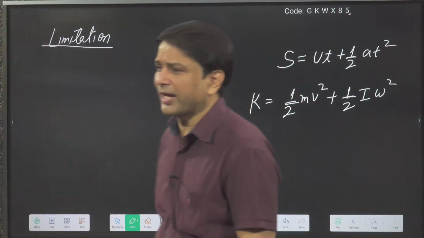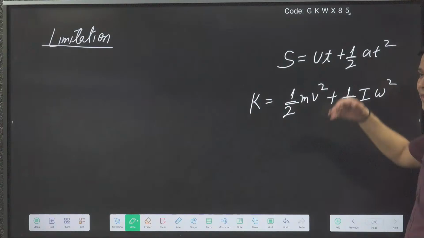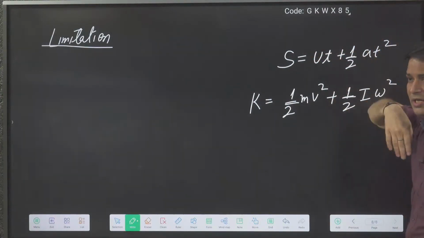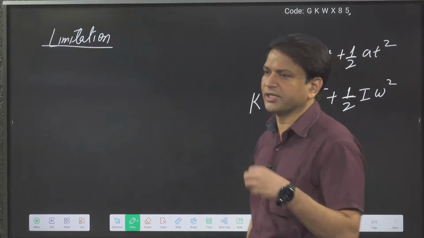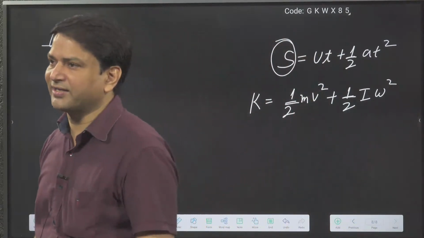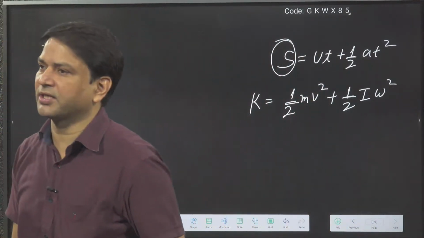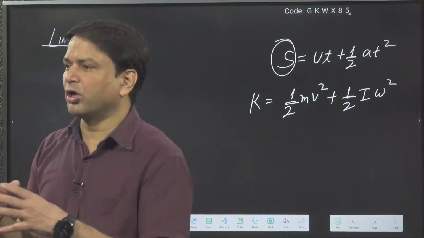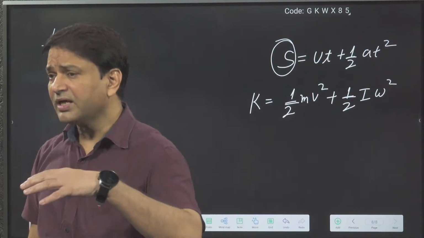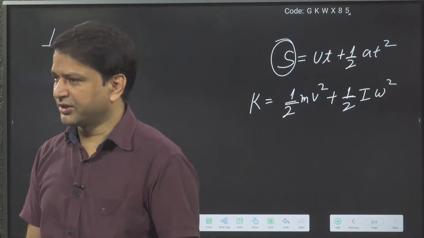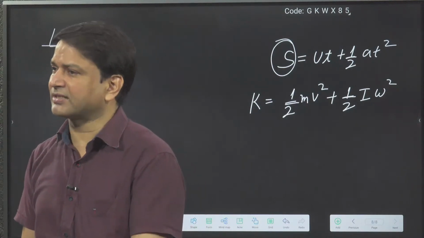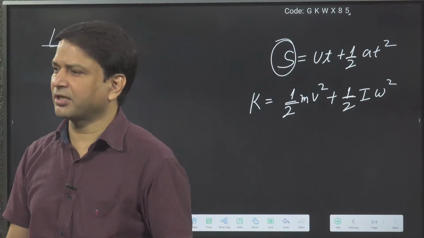So in this, suppose I am giving the relation: a body moving with constant acceleration, its displacement s depends upon initial velocity u, acceleration a, and time t. Find the relation between them.